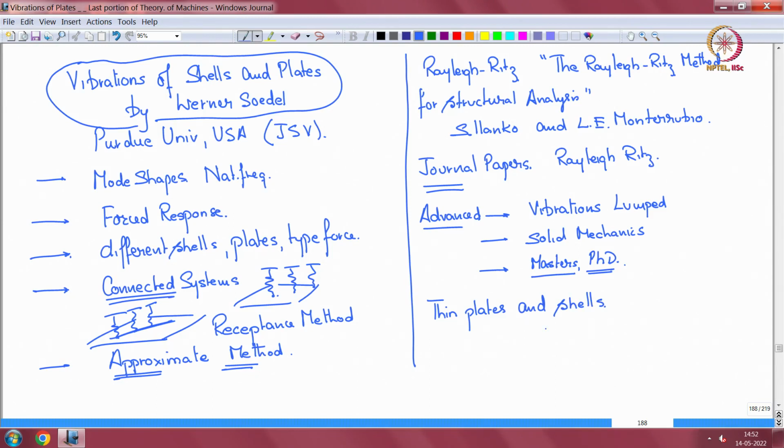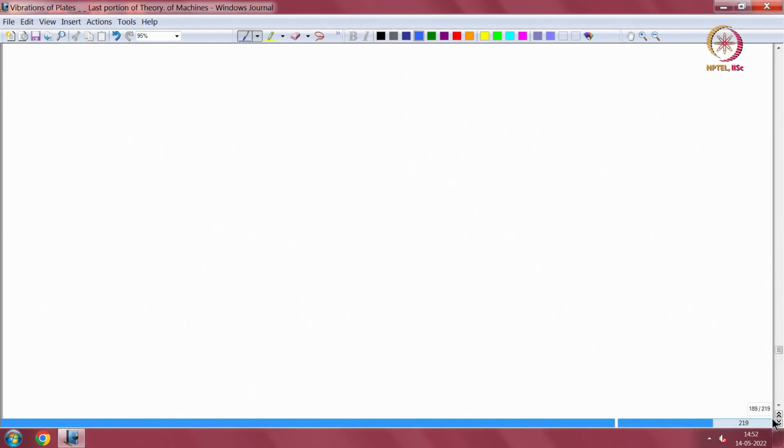So, let us say I have a plate and some typical dimension of the plate is A, and the thickness is H.